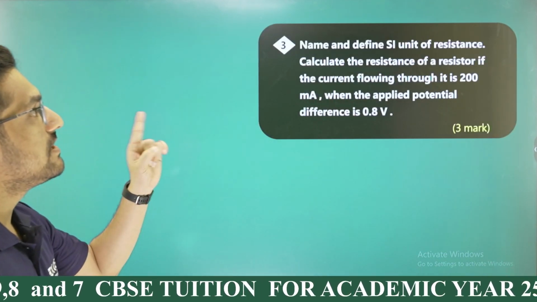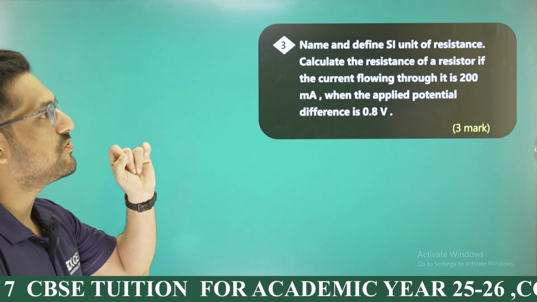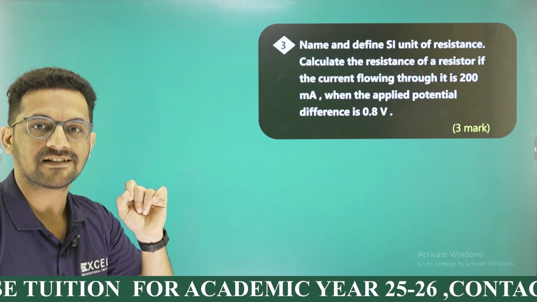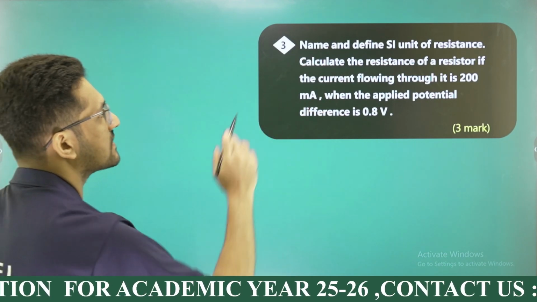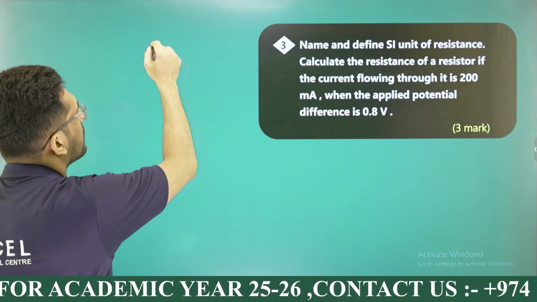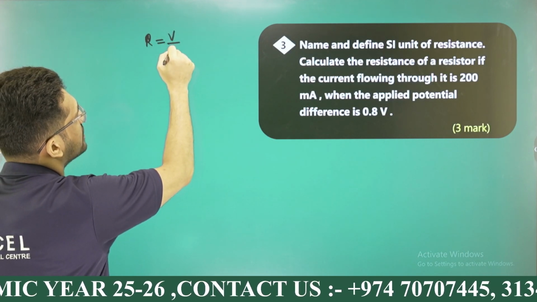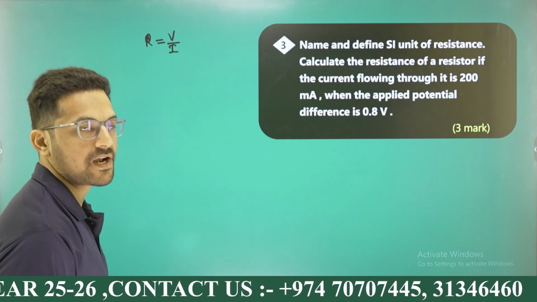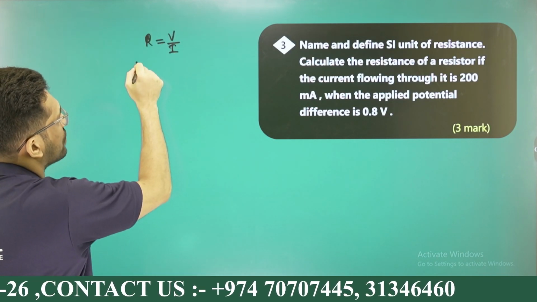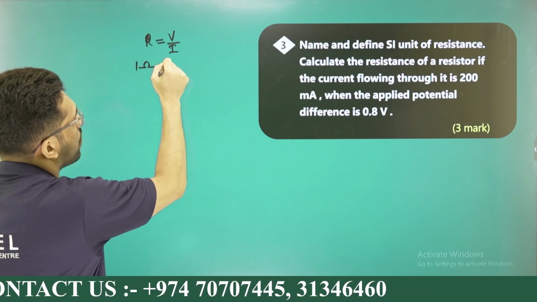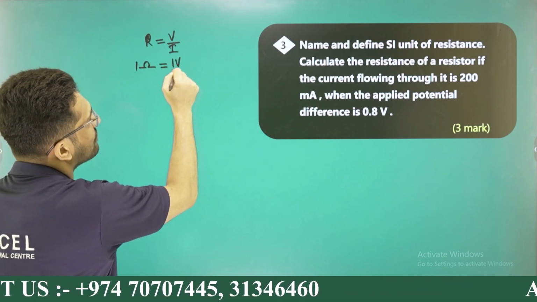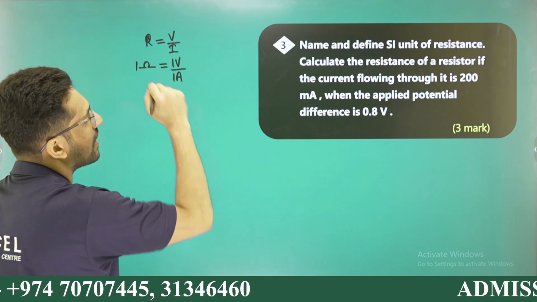Name and define the SI unit of resistance. What is the equation for resistance? R is equal to voltage divided by current. Right. What is the SI unit of resistance? That is ohm. So 1 ohm is equal to 1 volt divided by 1 ampere.